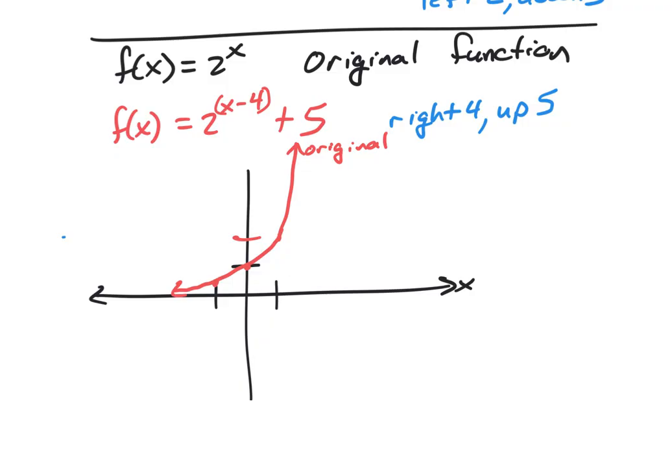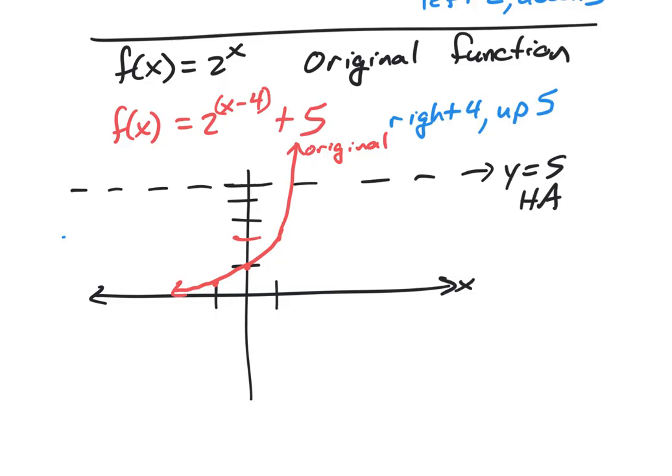So now when I go and draw this, okay, that is where my horizontal asymptote is now going to be. So now that's the line that it's going to approach. My graph cannot drop below this line. This is now my horizontal asymptote. Okay, that's a really important piece of the graph.